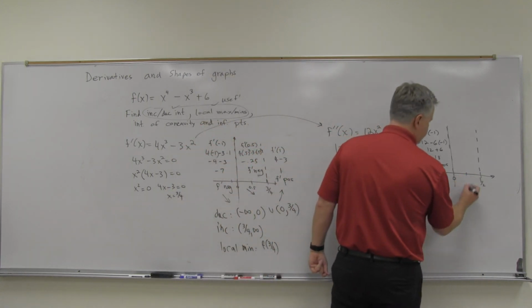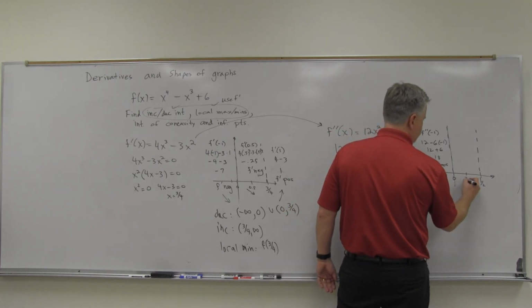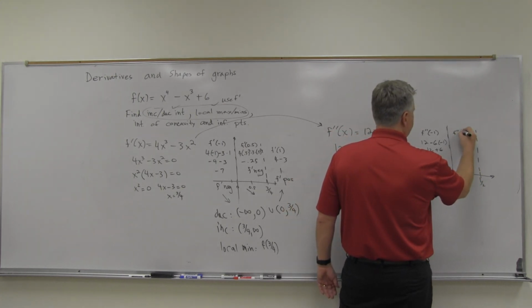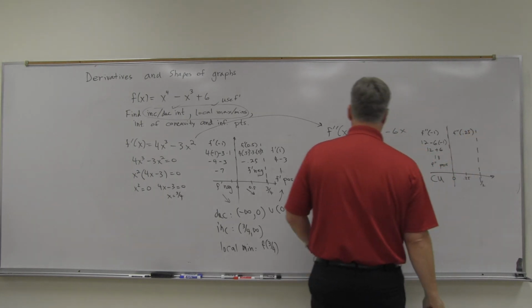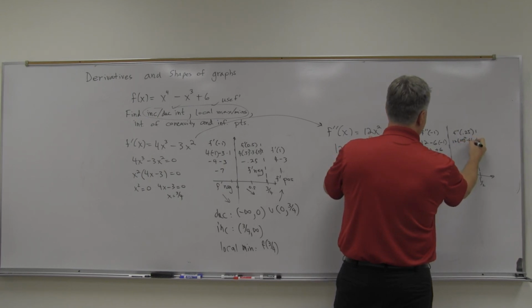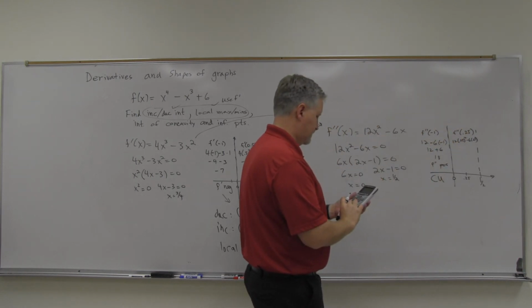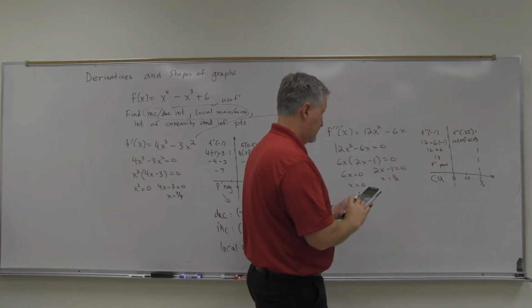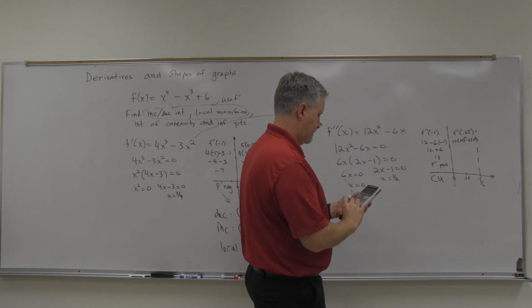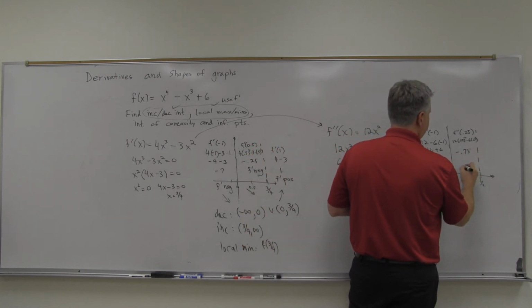So move on to the next one. Between 0 and a half, let's go with the fourth, 0.25. So let's do f double prime of 0.25: 12 times 0.25 squared minus 6 times 0.25. That's negative 0.75, so f double prime is negative.